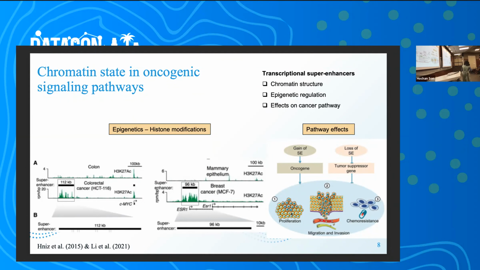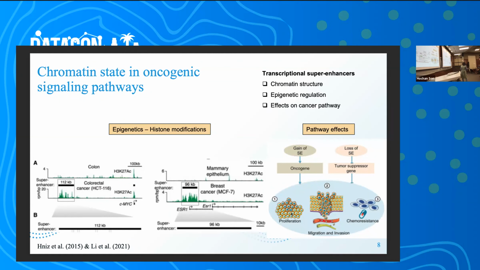All right. And then how do these two put together into the cancer pathway? There is an increase in super enhancers on oncogenes and a decrease in super enhancers on tumor suppressor genes. Both have significant effects on the cancer pathway and on longer-term cancer stage development.